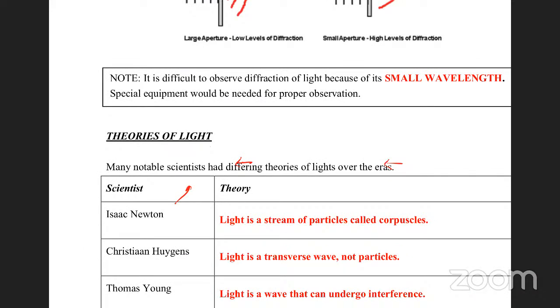As I said, diffraction is very difficult to observe, but if you go into CAPE Physics, there's something called a diffraction grating, which is one of the instances where you would observe it. It's like these pieces of glass with really small openings. And when light passes through, the light will split up into all its colors.